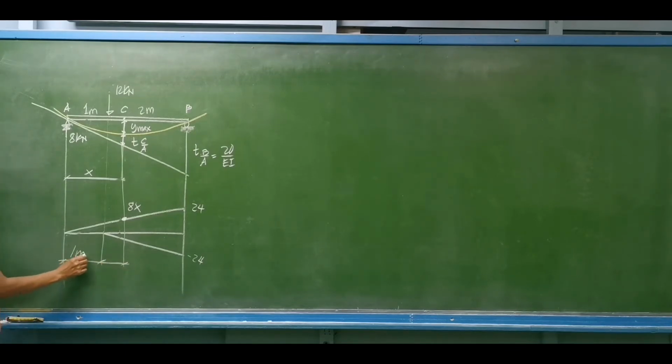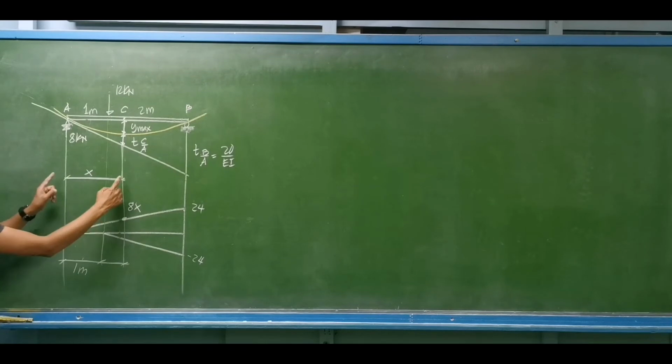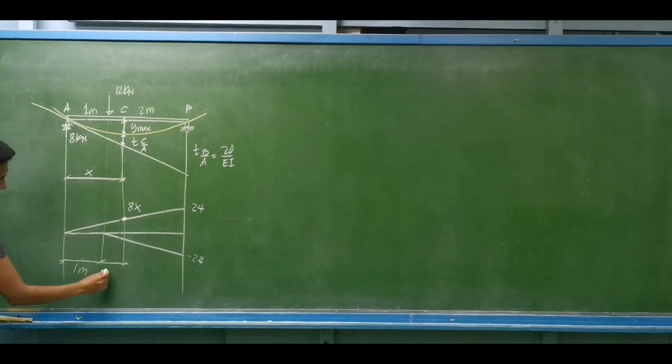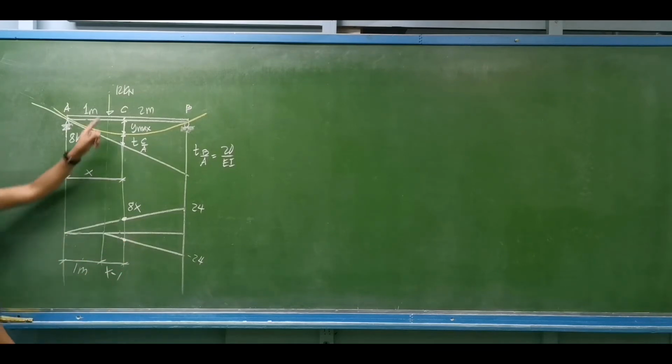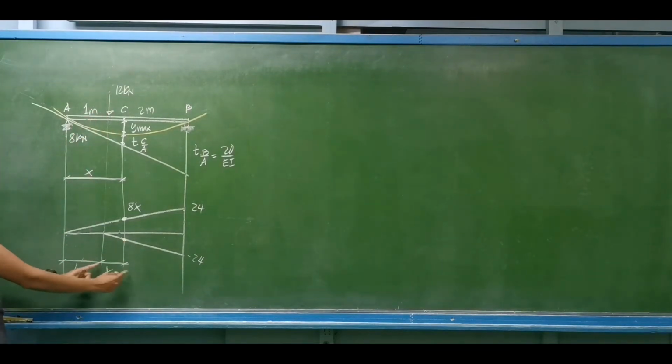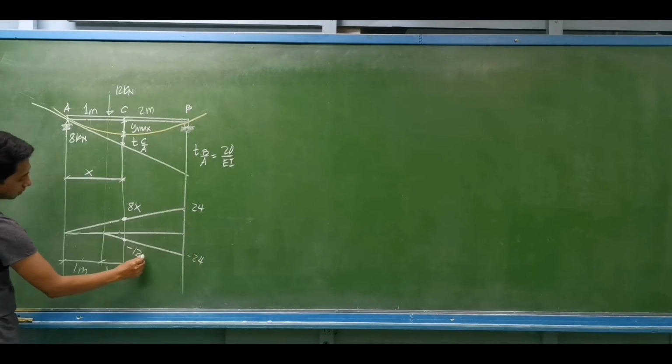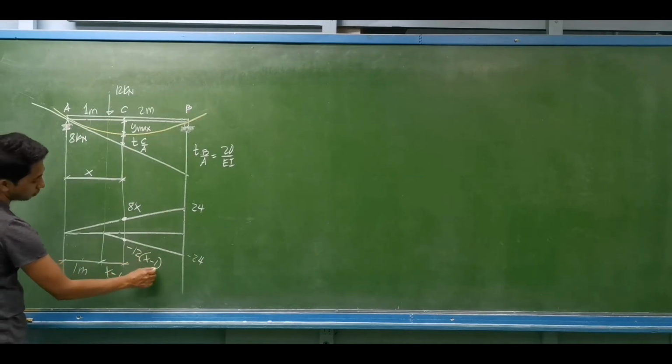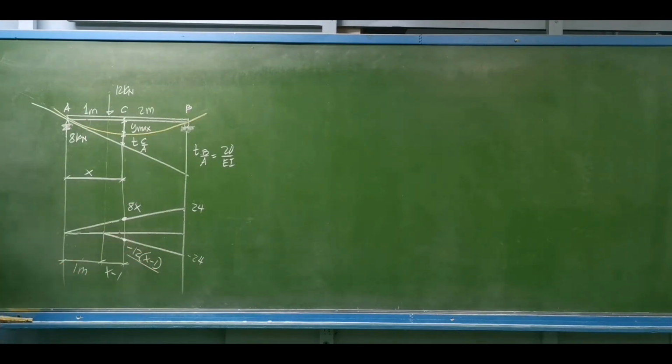This distance is x minus 1. What is the magnitude of the moment here? That will be negative 12 times x minus 1. So on the positive area moment, we have 8x, and negative 12 times x minus 1.